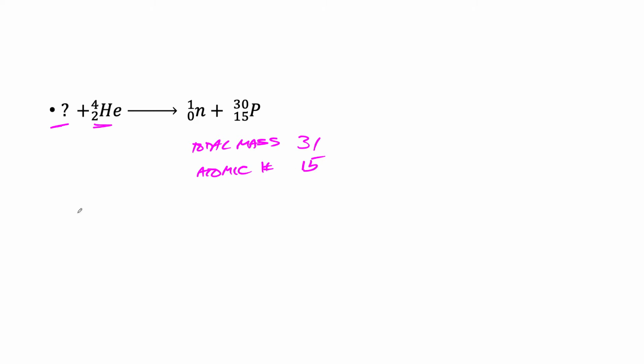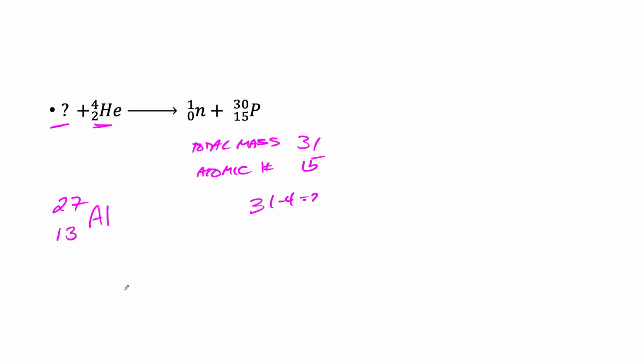So we've got an alpha particle, helium-4. 31 minus 4 will give me 27. So if I do 31 minus 4, that's going to give me whatever the mass is over here, and that should be 27. We have 15 for the atomic number. We have 2 already, so 15 minus 2 is 13, and this will be aluminum. So aluminum is our target, being bombarded by an alpha particle, and we end up with a neutron being emitted with phosphorus being produced, phosphorus 30.